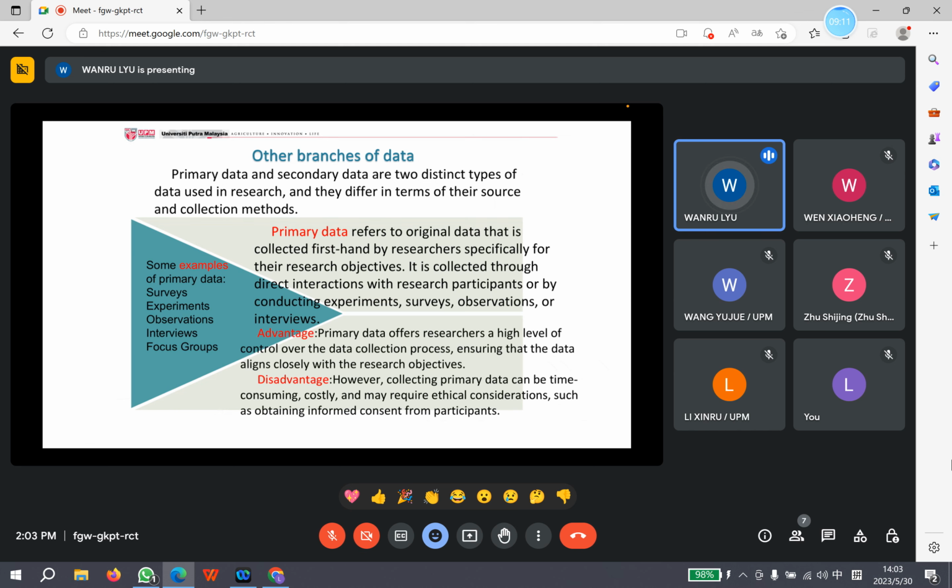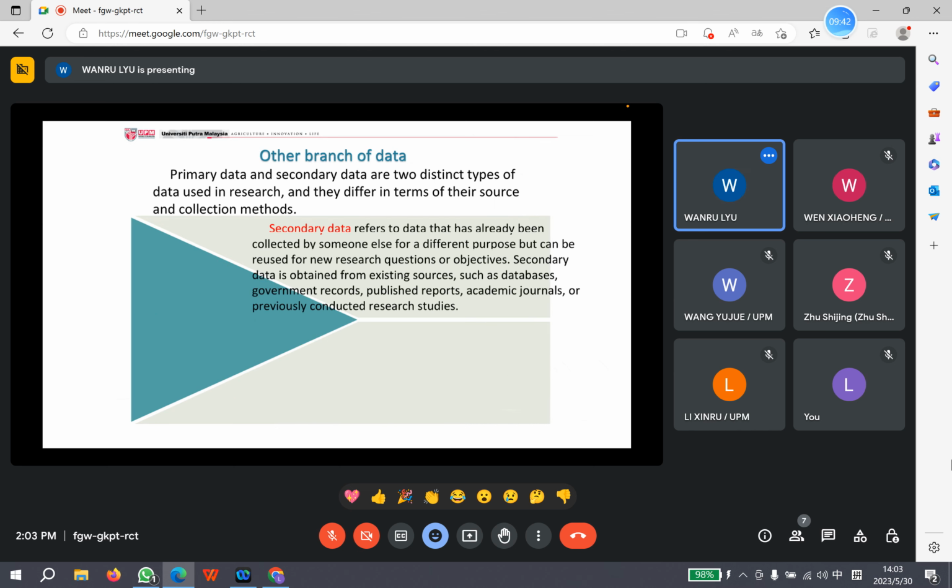The advantage of primary data is that the researchers can have a very high level of control over the data collection process to ensure that the data aligns closely with the research objectives. But the disadvantage is also clear because it is very time-consuming, costly, and may require ethical considerations, such as obtaining informed consent from participants.